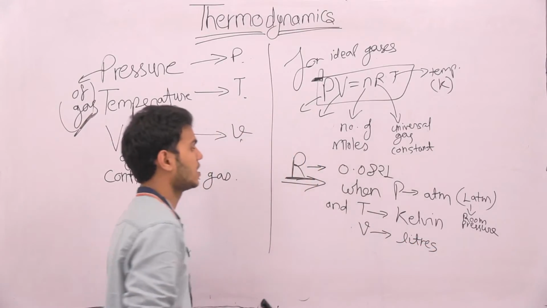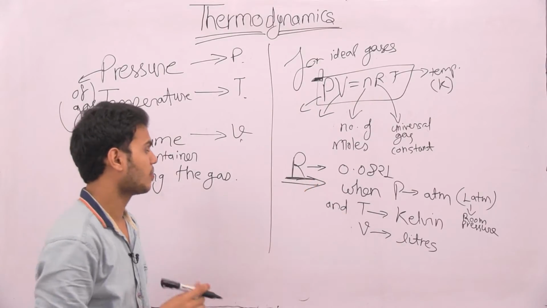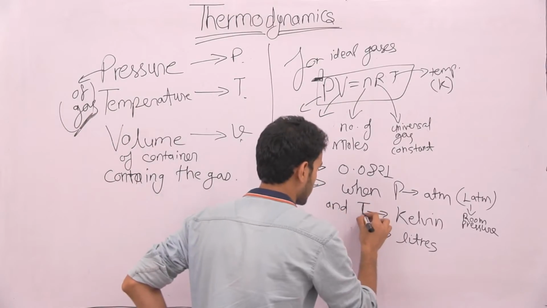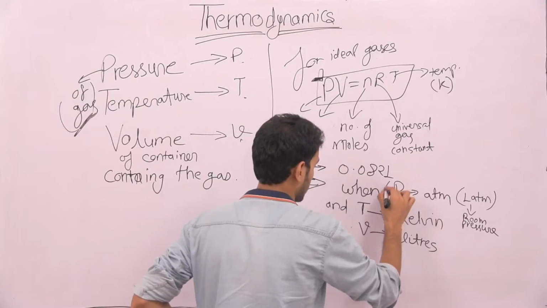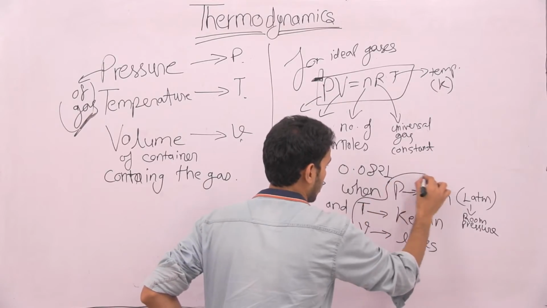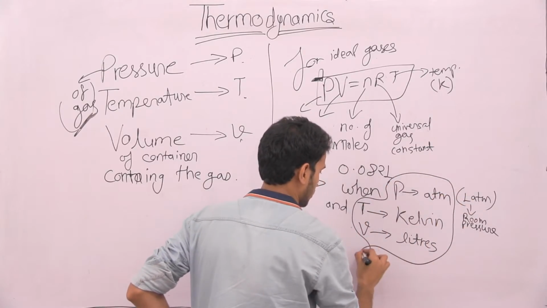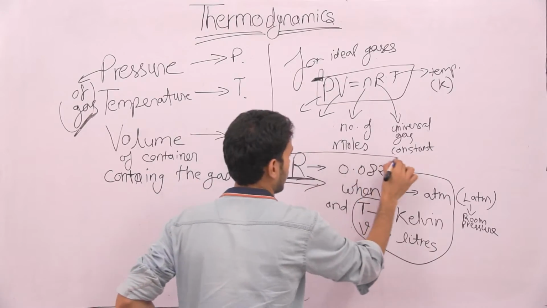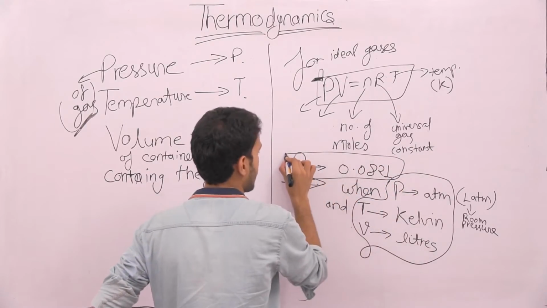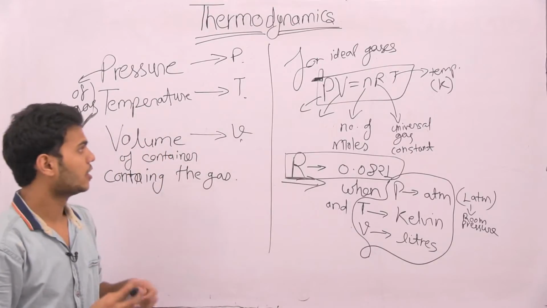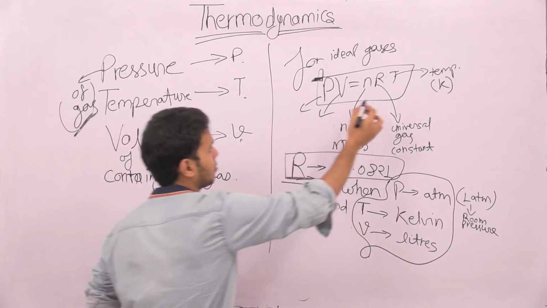So whenever there is pressure in atm and there exists temperature in Kelvin and volume in liters, so we use R to be 0.0821 units, respective units.